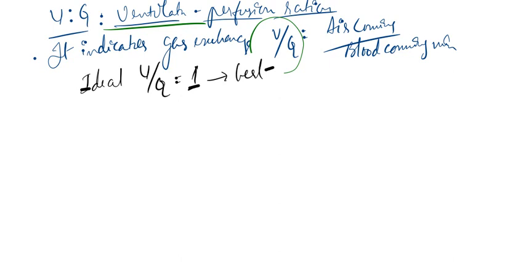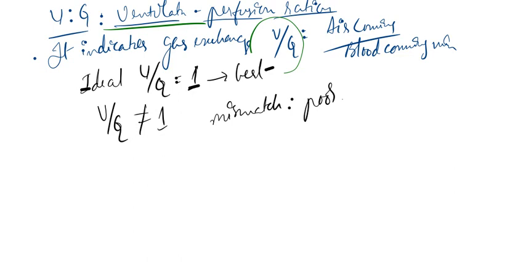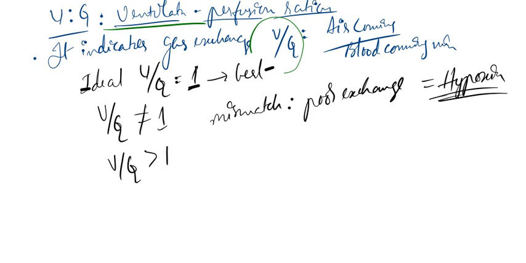But if the VQ is not equal to 1, this is called VQ mismatch or poor exchange, which you can see in a hypoxic state.